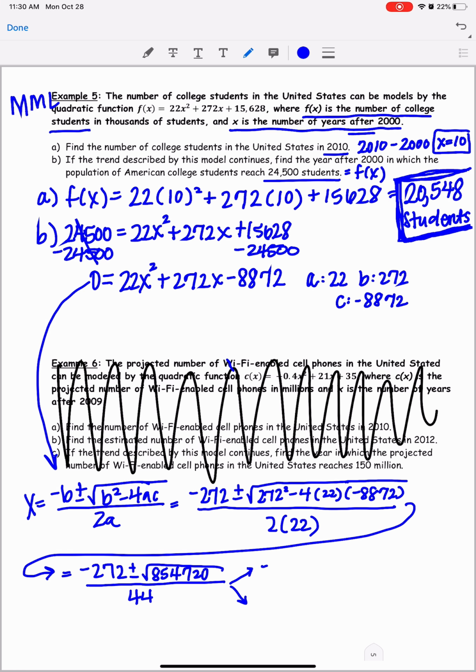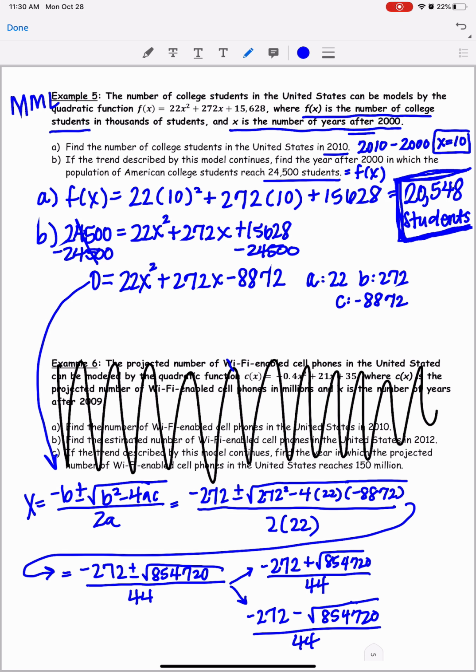We'll get negative 272 plus the square root, all over 44, and negative 272 minus the square root, all over 44.